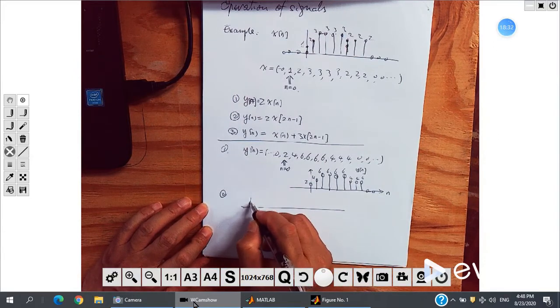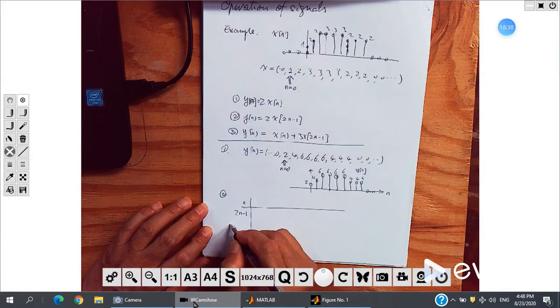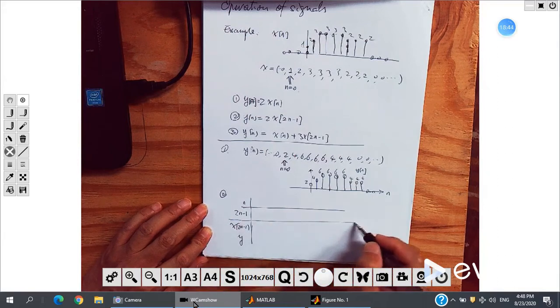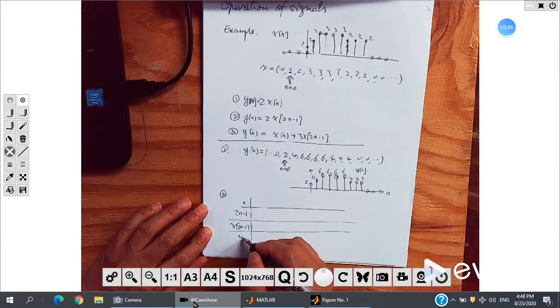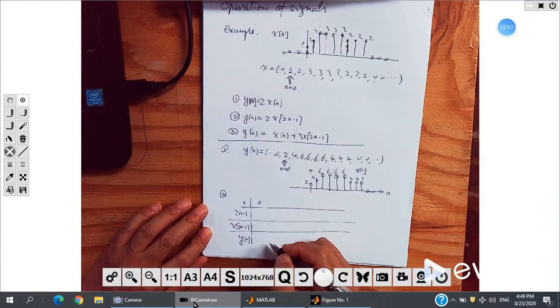I use a table. I put n here, I put 2n minus 1 here, then x[2n minus 1] here, and finally I get y. So I list the possible values here. This is y[n]. For convenience, we start from n equal to 0, then 2n minus 1 is negative 1.